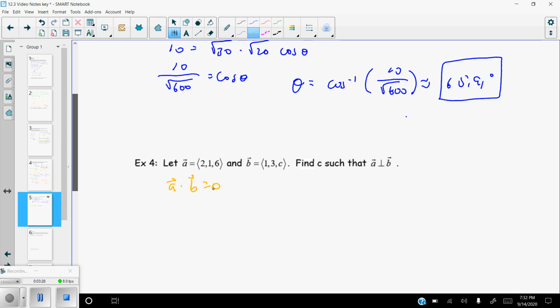If we dot A and B, we get 2 times 1, which is 2, 1 times 3, which is 3, and 6 times C, which is 6C. That dot product has to equal 0. So I've got that 5 plus 6C equals 0. Subtracting 5, we get 6C equals negative 5, or C is negative 5/6. There's the value of C, because we knew that for two vectors to be perpendicular, the dot product was 0.